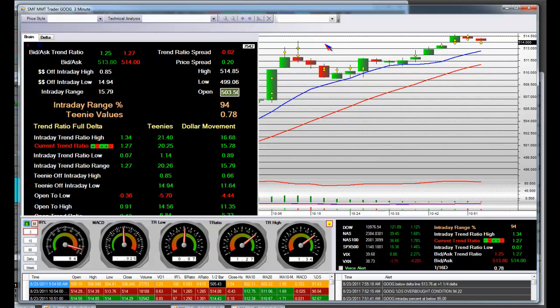Take a look at the teenies. 1, 2, 3, 4, 5, 6 teeny reversal at 78 cents. So if you take 78 times 6 teenies, that equals $4.68.